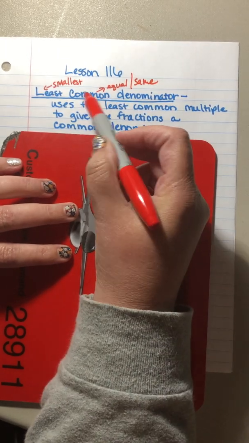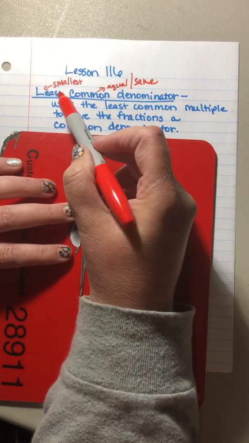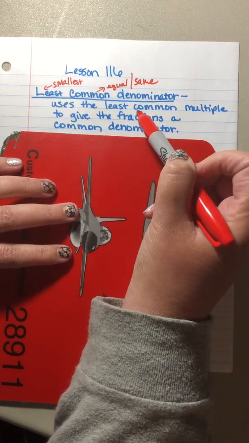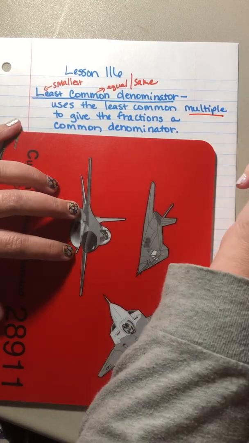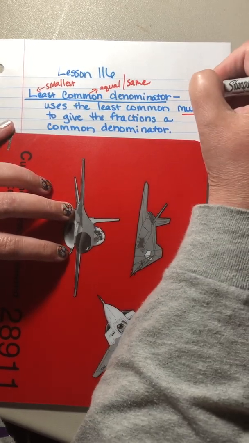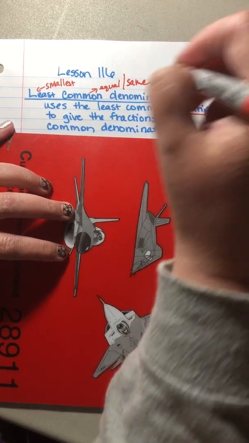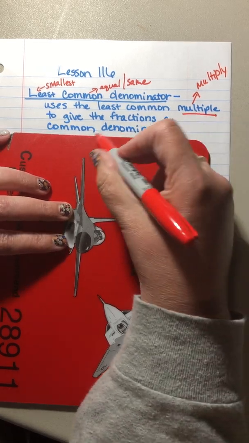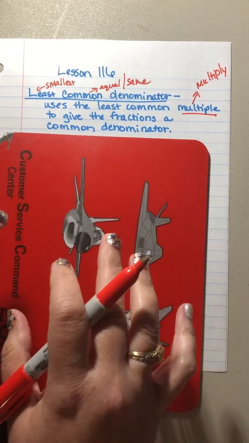So it's the smallest denominator they can both have. To find that, we use the least common multiple. Remember, when you hear multiple, think multiply. We multiply by the counting numbers to get our multiples, to give the fractions a common denominator. That's a lot of words, so let's look at the math of it.